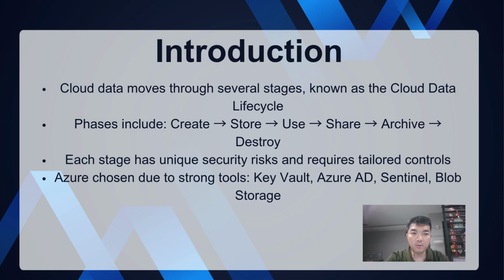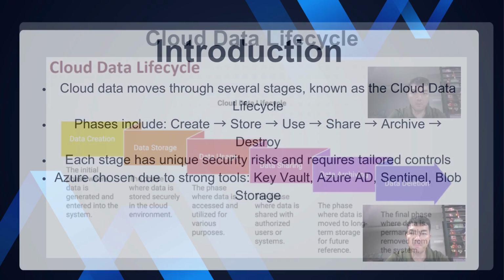Phases include create, store, use, share, archive, and destroy, and each stage has unique security risks and requires tailored control. Azure was chosen because it has strong tools such as Key Vault, Azure AD, Sentinel, and Blob Storage.